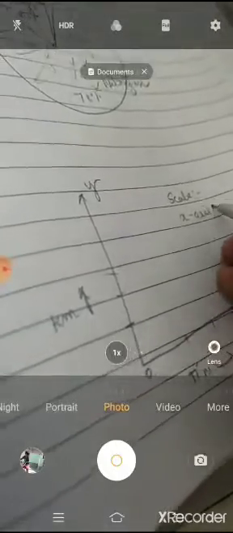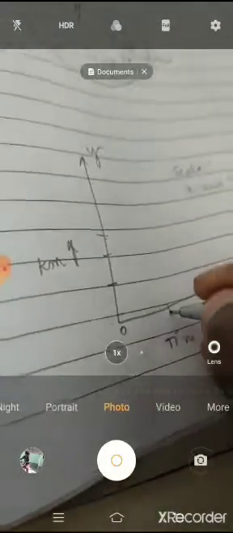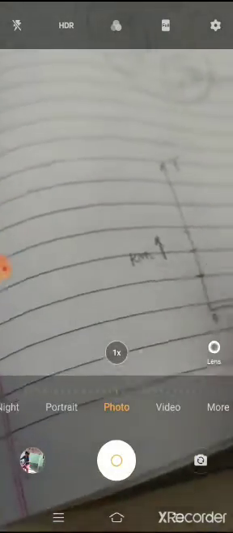On the x-axis, from here till here it is 1 centimeter. 1 centimeter is equal to 1 unit. 1 unit means 1 hour. And on the y-axis, from here till here 1 centimeter is equal to, in the sense, 10 units.